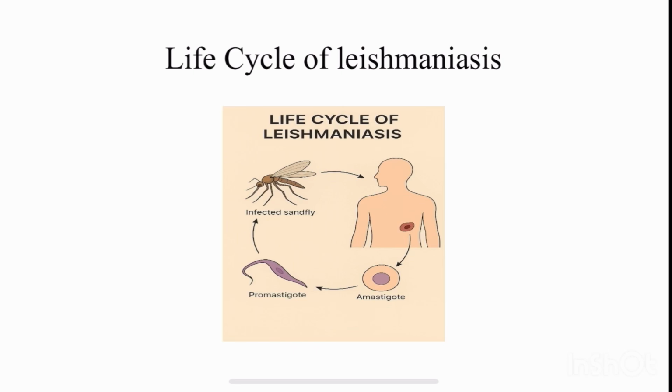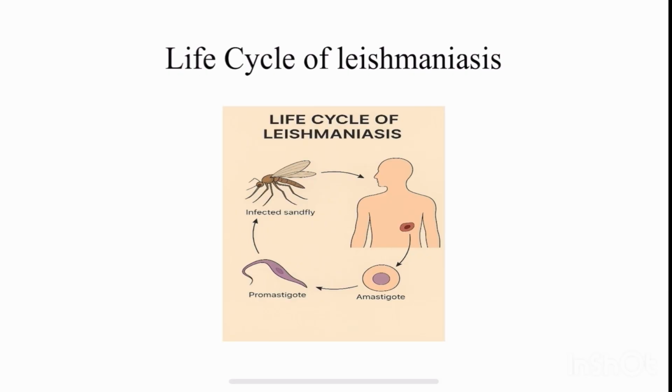In the invertebrate, where the promastigote form mainly occurs, it is the sandfly. The sandfly is a Phlebotomus, but the species of the sandfly will change depending upon which type of Leishmania we are talking about.